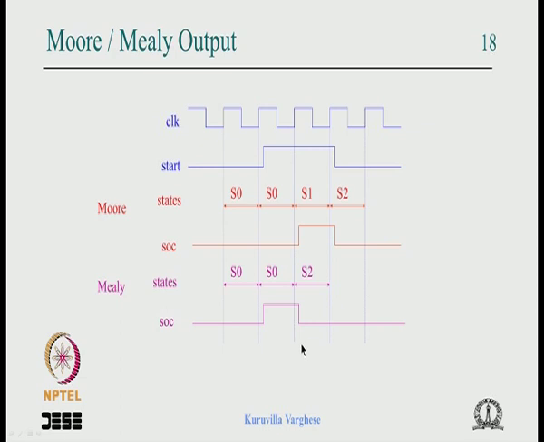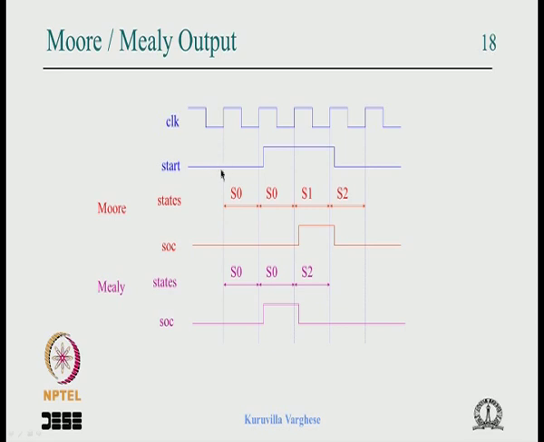Now the question comes: what is wrong with this? Probably nothing can go wrong, but here the output is a function of the state and the input, and this input, mind you, has nothing to do with the clock.